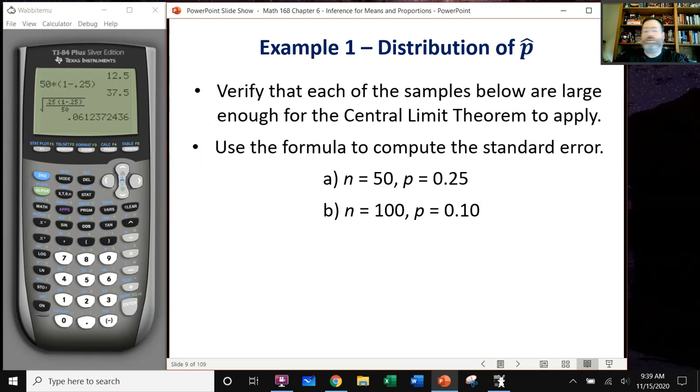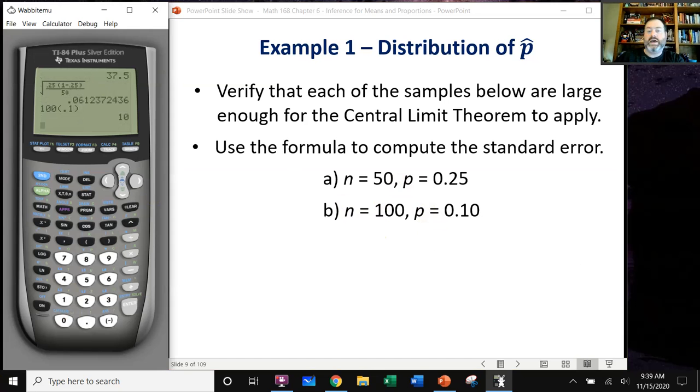So we're really just going to do the same thing. It's n times p for part B. It's 10. 10 is greater than or equal to 10. And n times 1 minus p, 100 times 1 minus 0.1.